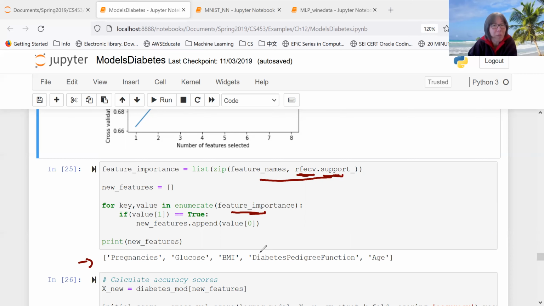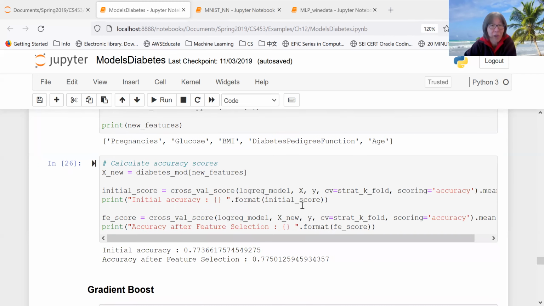Here they pick the top 5 most important features, based on the result we just ran for feature selection.